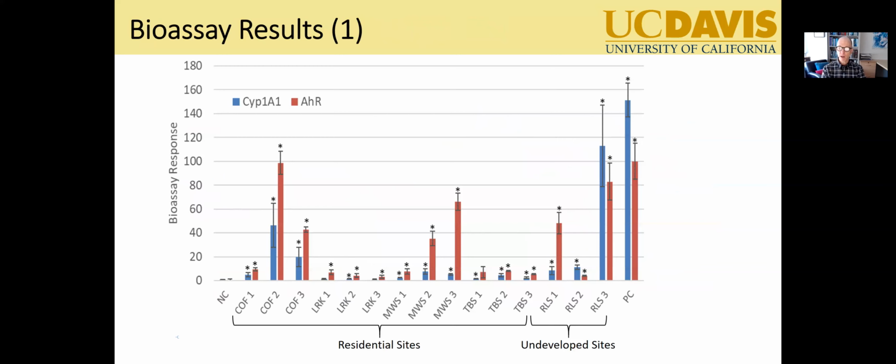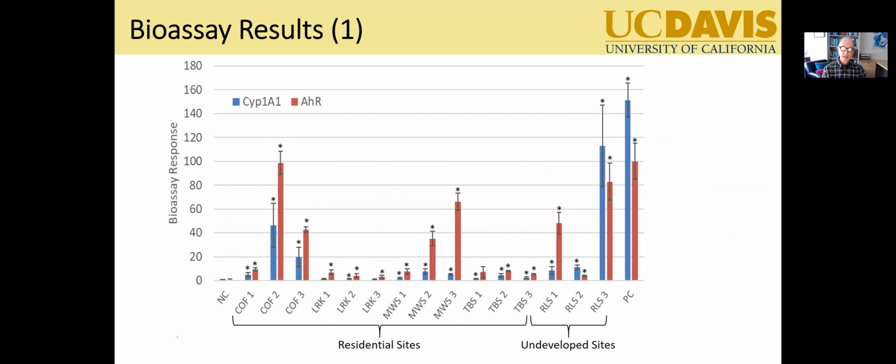And then there's the 1 undeveloped site, which is from that state park, Robert Louis Stevenson Park. And then on the far right is the positive control, and on the far left is the negative control. And the stars, the asterisks on this plot, indicate statistically significant difference from the negative control.